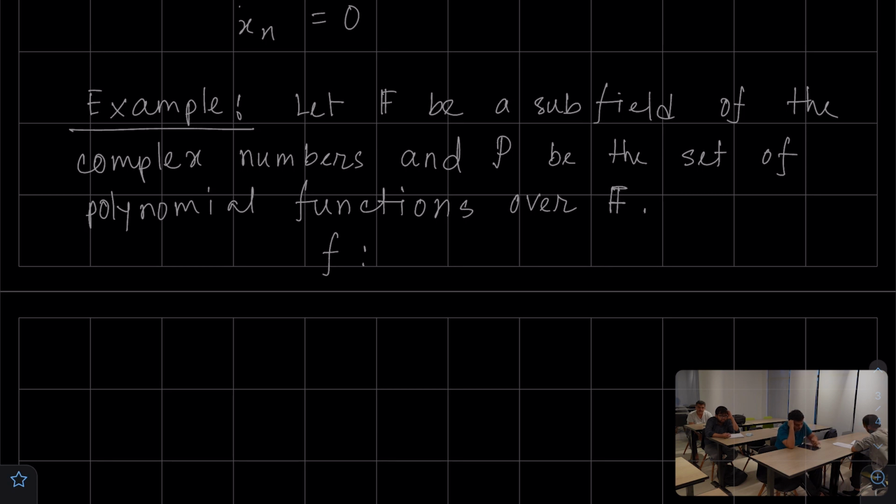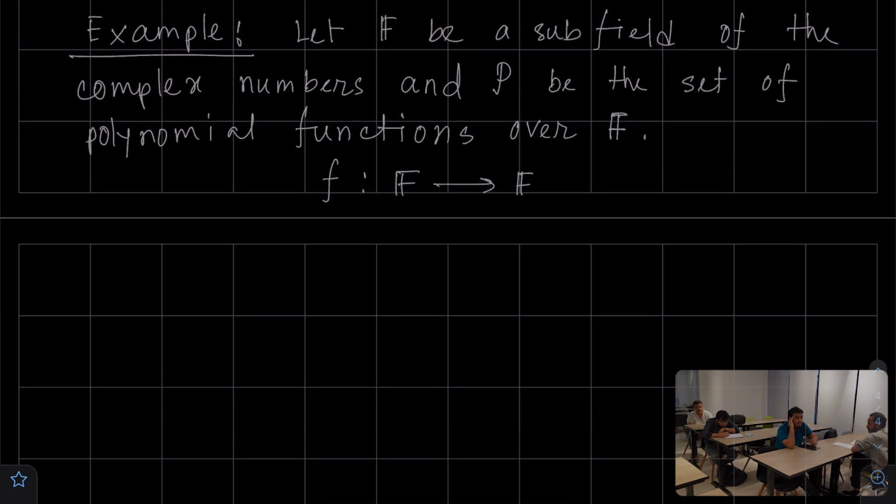So this polynomial function is a function from F to F. Earlier we defined it from a set to a field. Now I'm defining it from field to field.